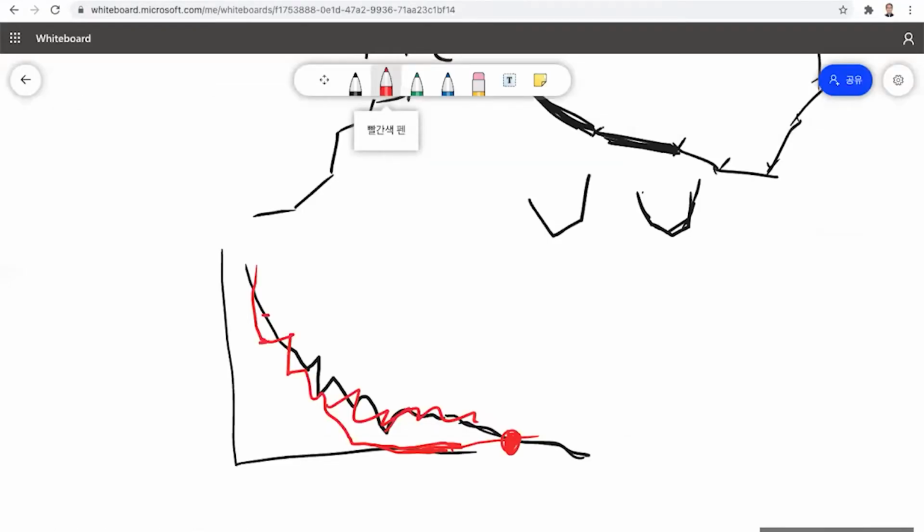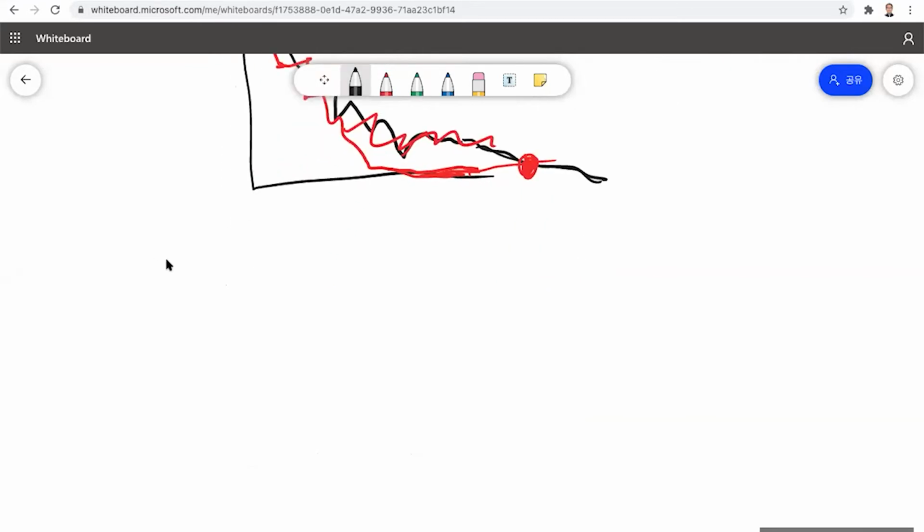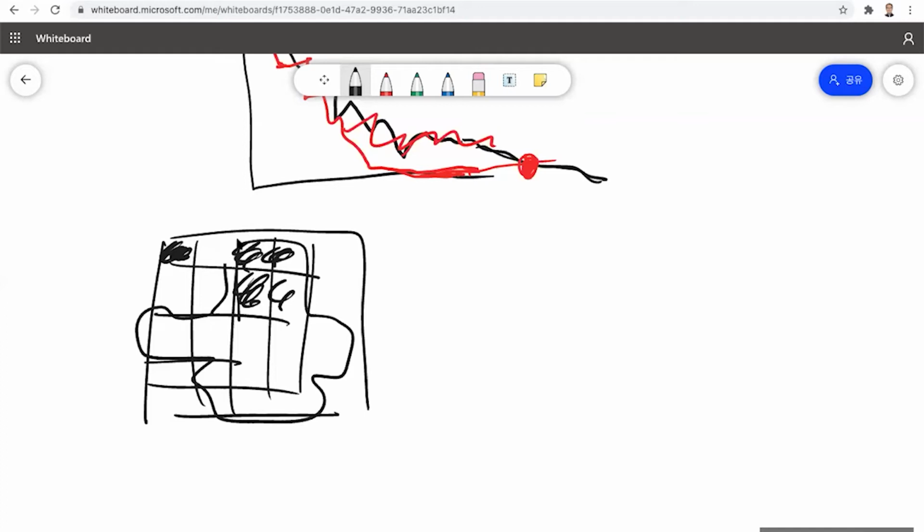If you think about it, an image is actually a matrix. Maybe here is black, this is white, here is black, and here is another black. When we see this, we can see some shape.